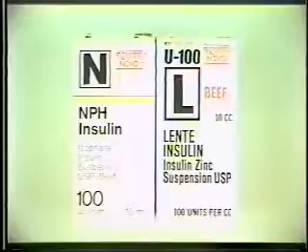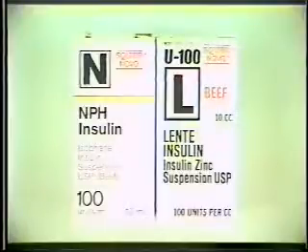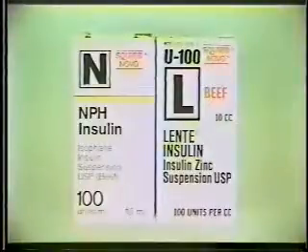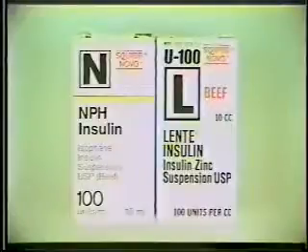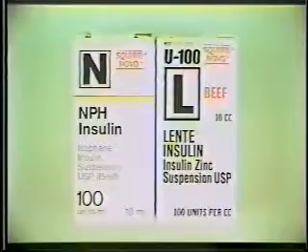The routine management of the outpatient diabetic entails the owner giving insulin injections on a daily basis. The most commonly used insulins will vary from practitioner to practitioner. Here I show you NPH and Lente, which are classified as intermediate-acting insulins.